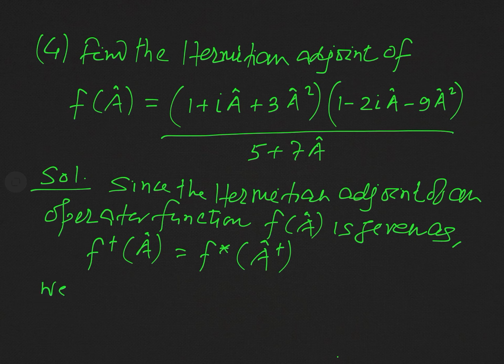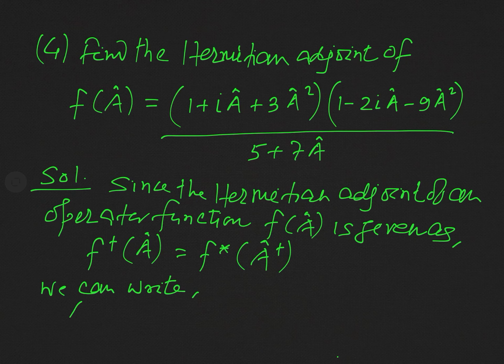So we can write, this is the given operator function and we have to find its Hermitian adjoint.